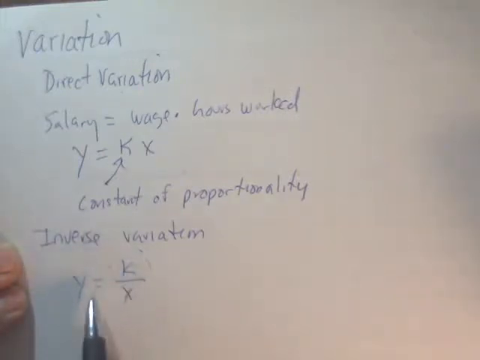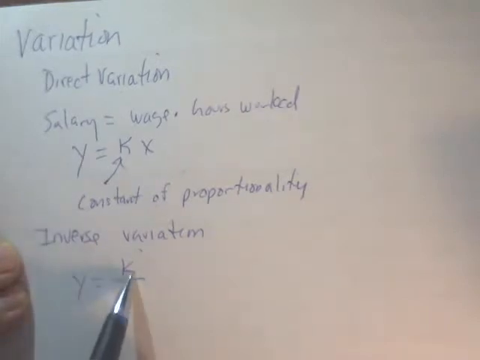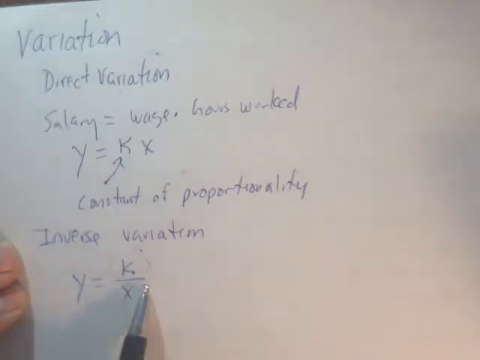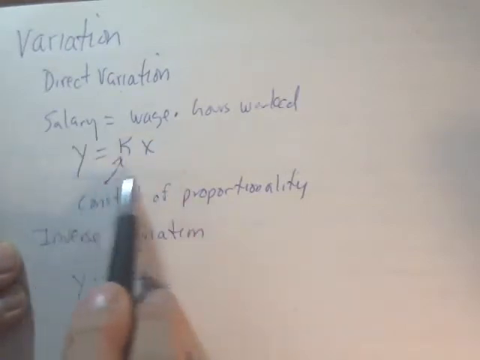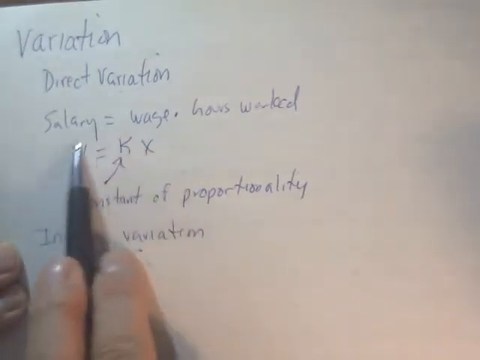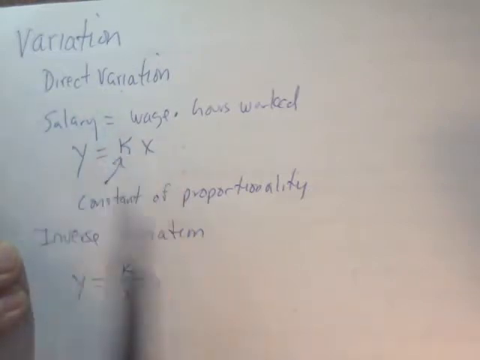As x keeps getting bigger, y keeps getting smaller. And this is still the constant of proportionality, but anytime you see the word inverse or inversely proportional or anything like that, write this equation down. When you see an example saying directly proportional or varies directly, write this equation down.